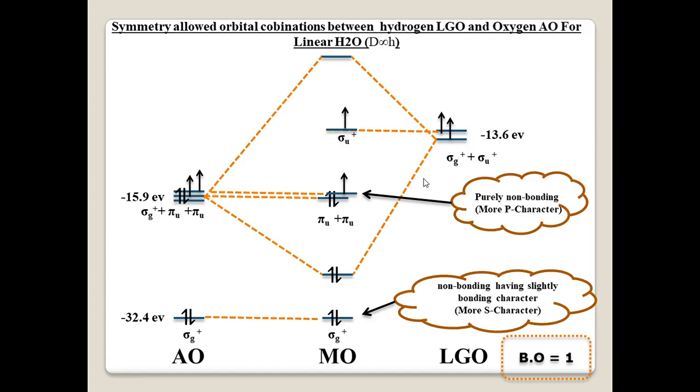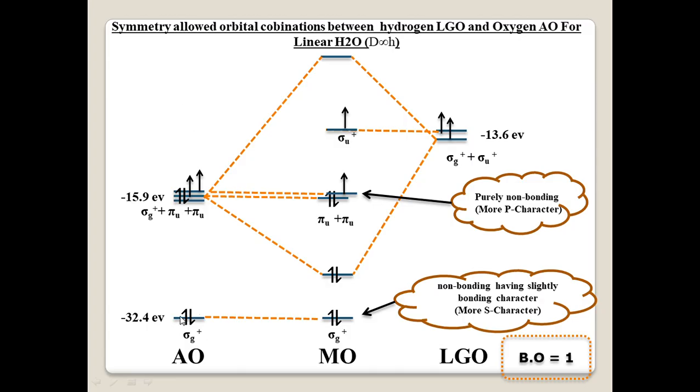So now this is the MO diagram of the linear water molecule, that is the D infinity h point group. Here, for the oxygen side, and this is the H2 LGO for hydrogen.